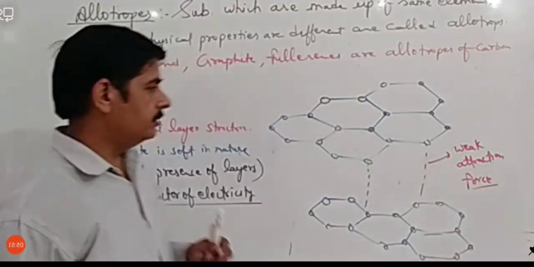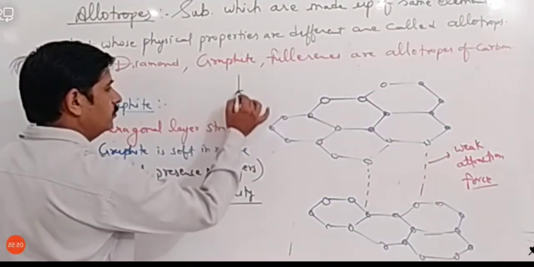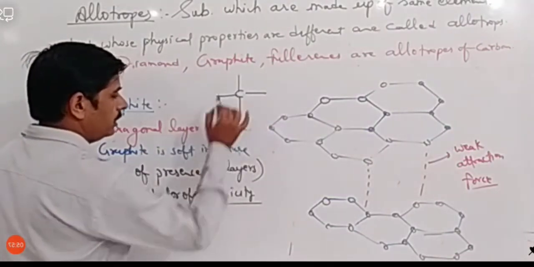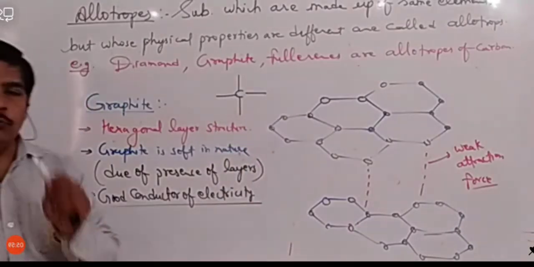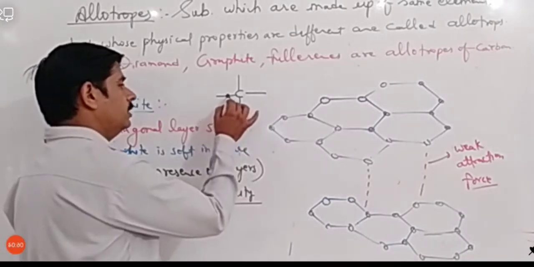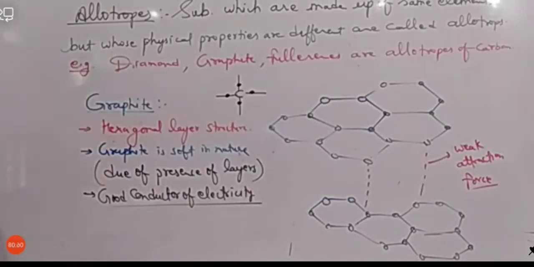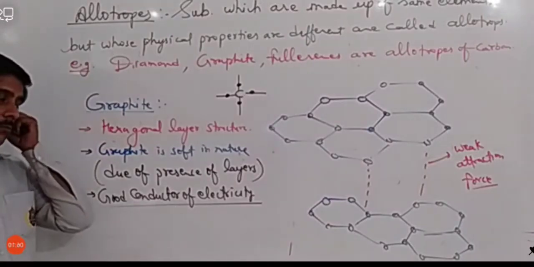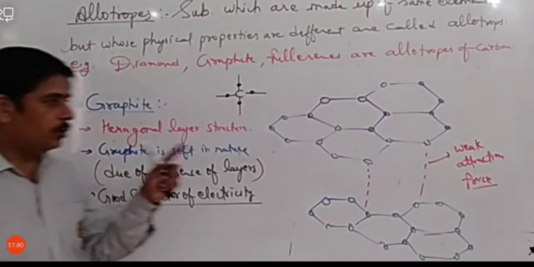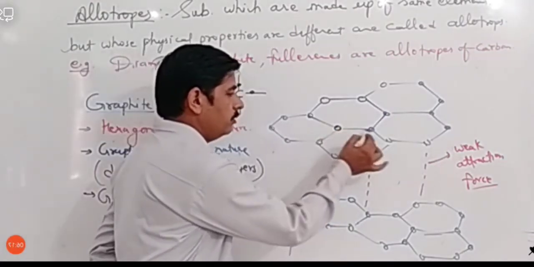Actually, what happens? Just listen carefully. We know that carbon has 4 valencies, and each valency shows one unpaired electron. Carbon has 4 unpaired electrons. One is here, second, third, and fourth. These are 4 electrons surrounding this carbon atom. So in graphite, you can observe that one carbon is surrounded by only 3 carbons.